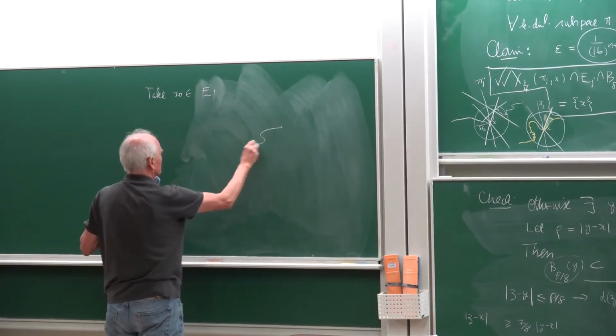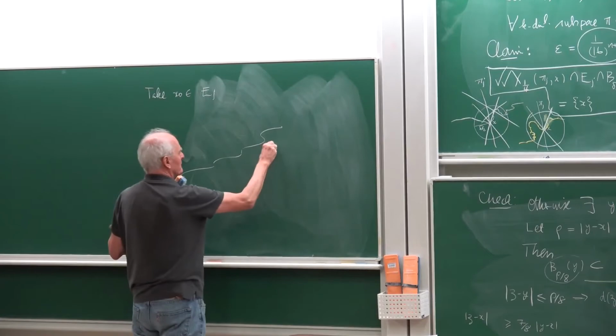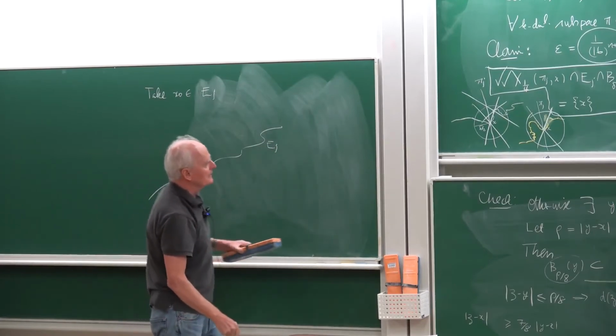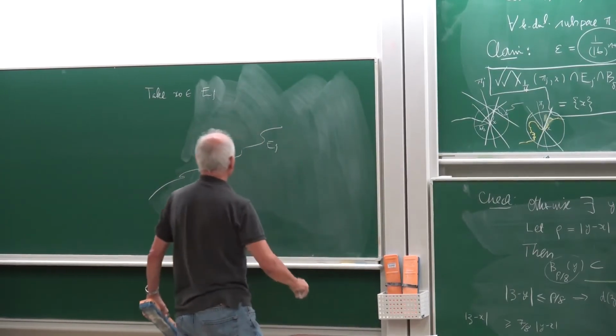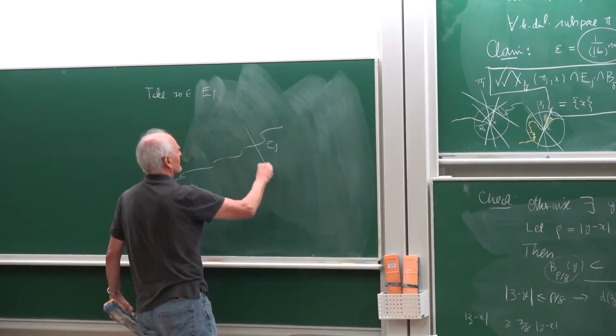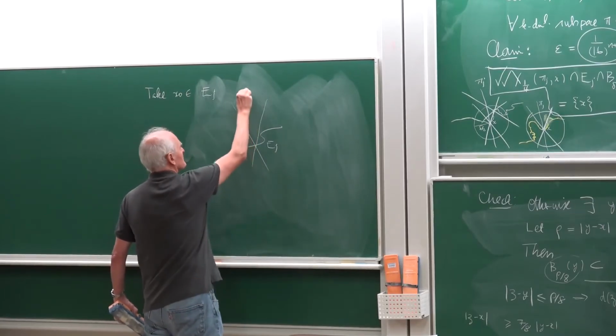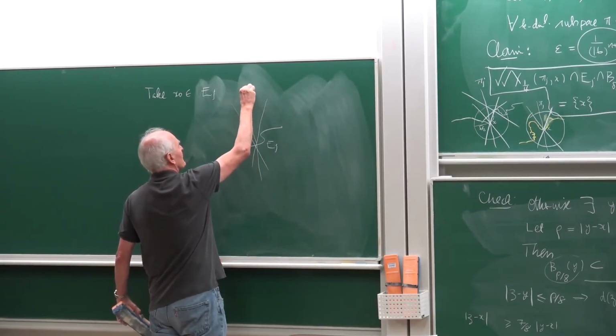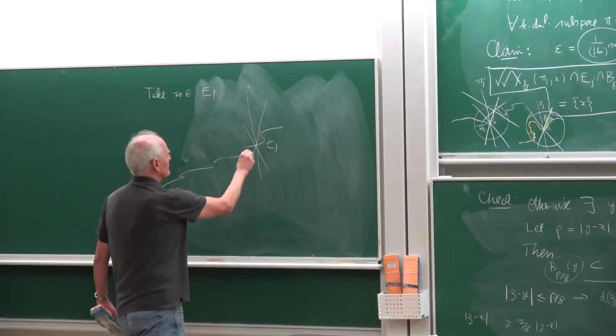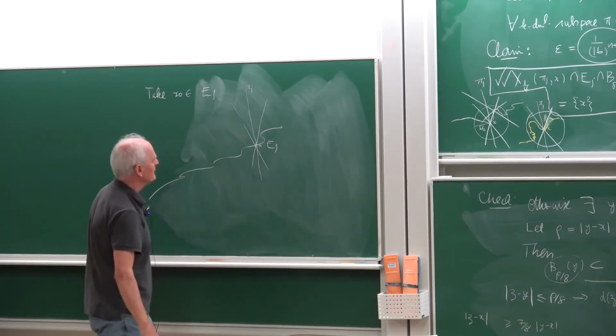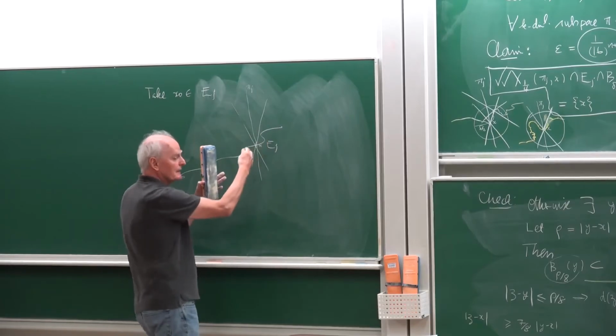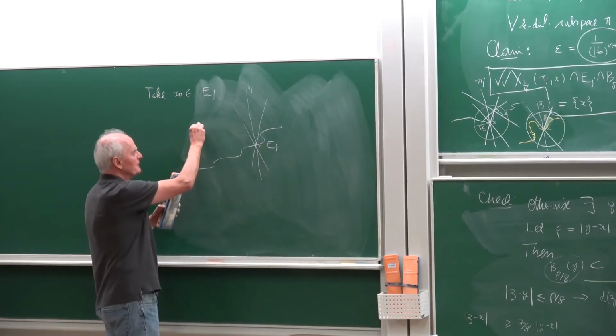So we've got this picture at the moment. Here's E_j, and E_j has this property that all of these cones with axis parallel to π_j and vertex at a point x in E_j don't intersect E_j except at the point. So you see the picture?